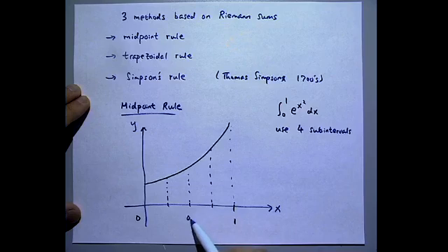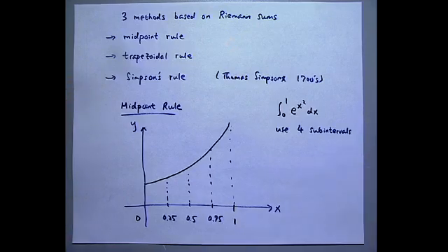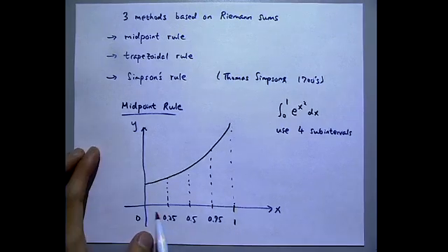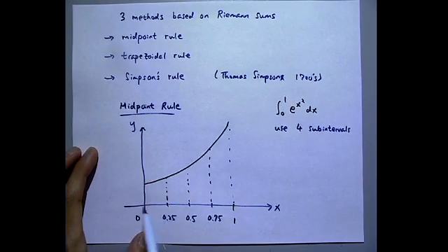Okay, so this is 0.5, 0.25, and 0.75. The midpoint rule says we're going to look at the first sub-interval here.